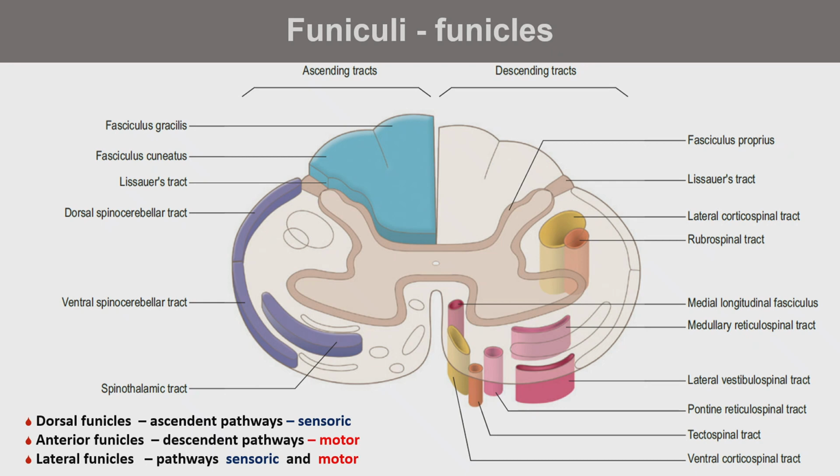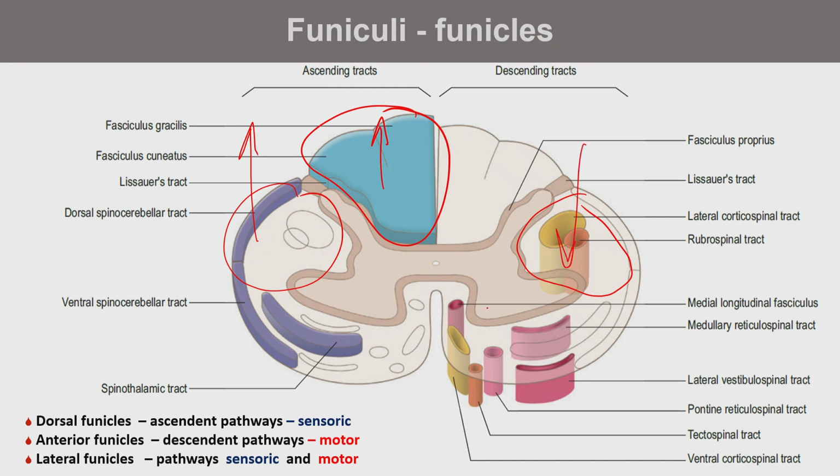But what is important is that dorsally we have only tracts which are going upwards. In the lateral, you can see here and here, some are going upwards, some downwards. The same is in the anterior, downwards and upwards.